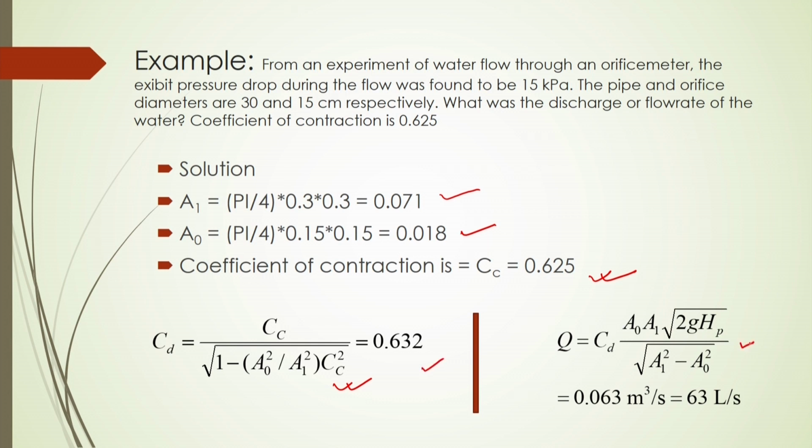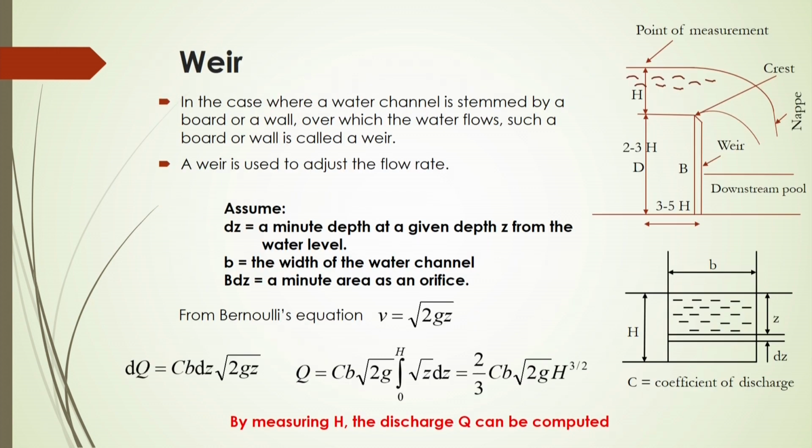Finally, after substitution of the Cc value and Cd value, you can get the discharge rate by this equation, and it will come finally as 0.063 meter cube per second or 63 liter per second. So, you also have to practice these examples of how to calculate the discharge flow rate based on the principle of the orifice meter.